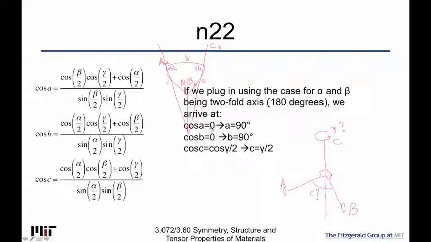So with solving these first two equations, I have this picture now. With the last equation, when you solve for it, you get cosine C equals cosine of gamma over 2. Of course, I can just do the inverse of cosine of each one of those. You find out that C equals gamma over 2.